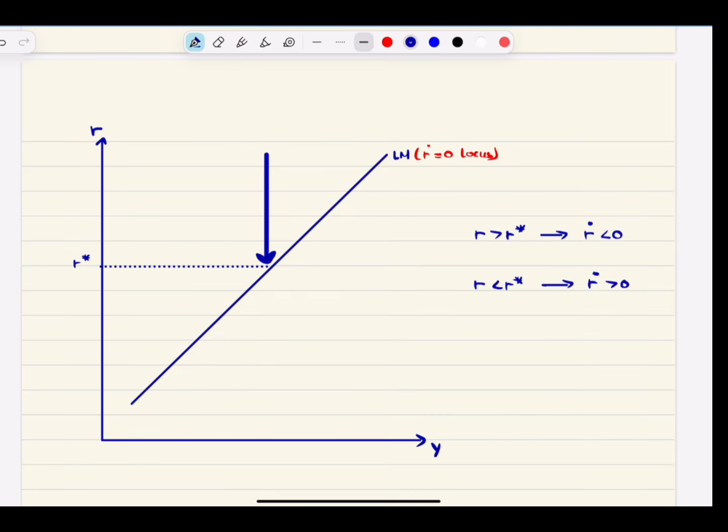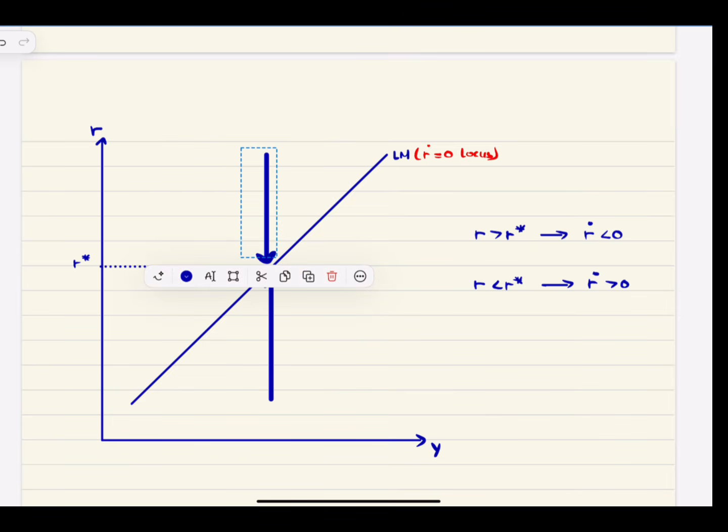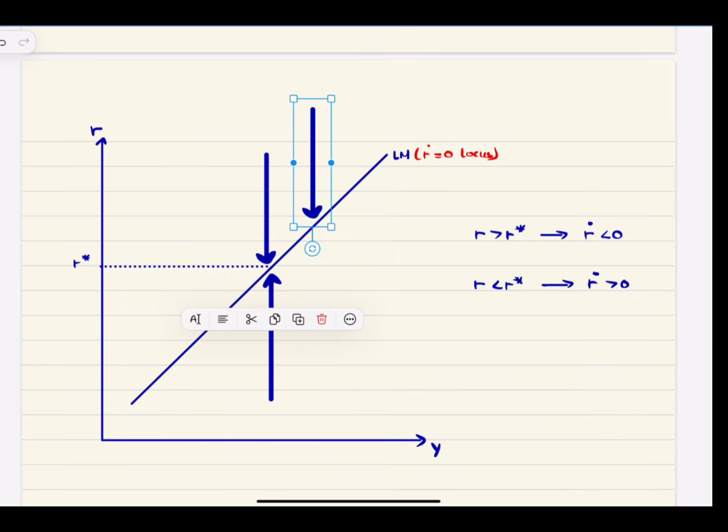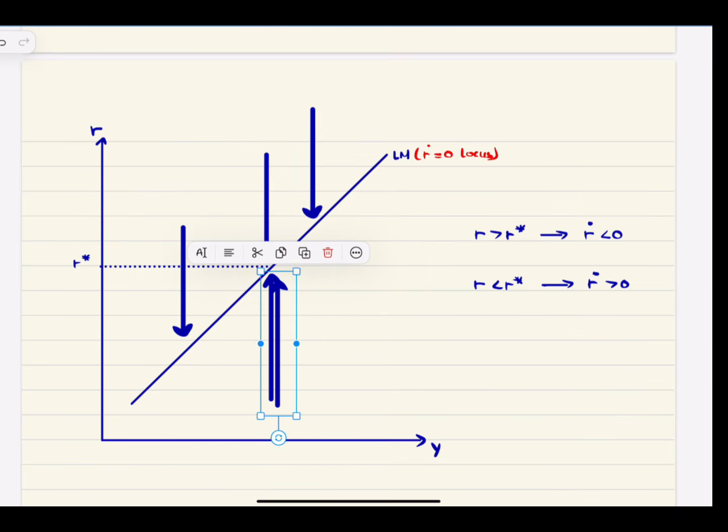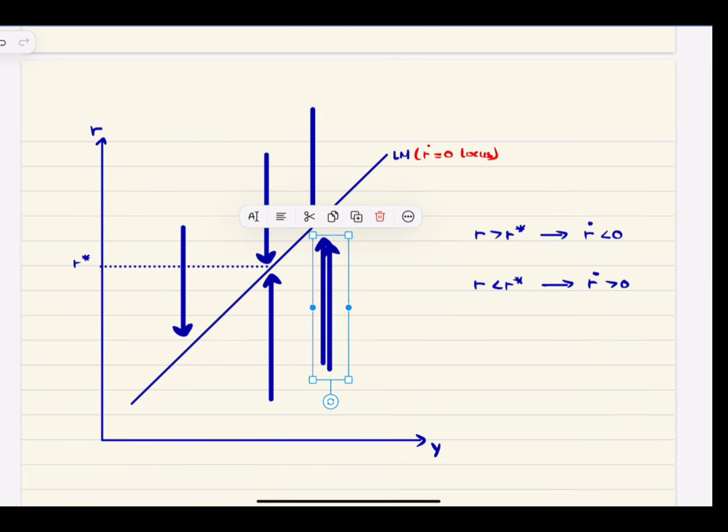Since all points on the LM curve are in fact equilibrium points, this can be extended to all points below and above.